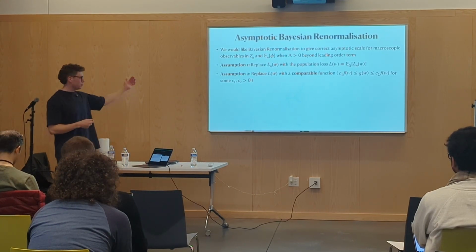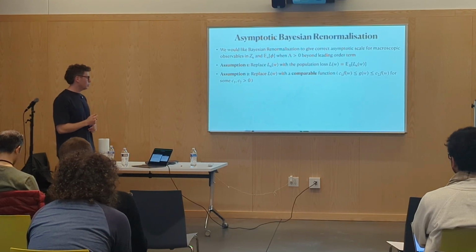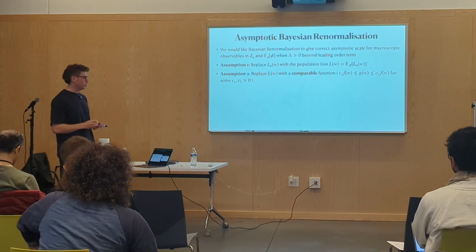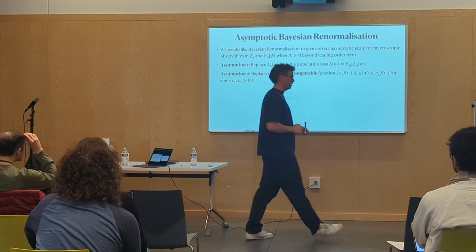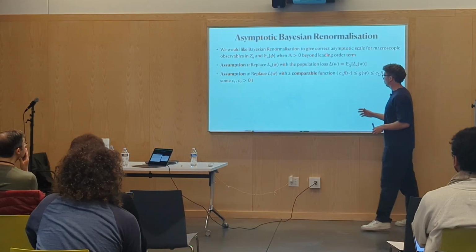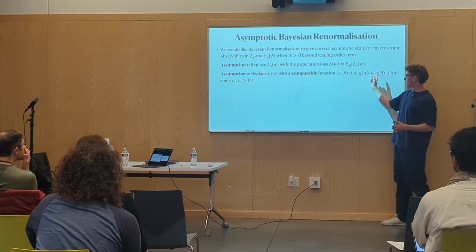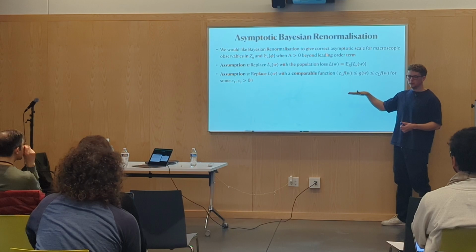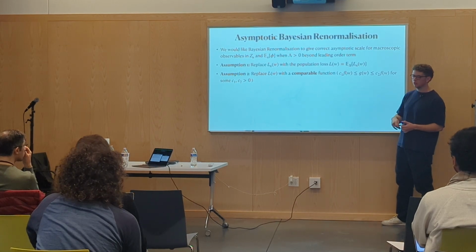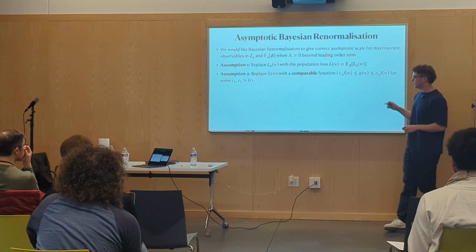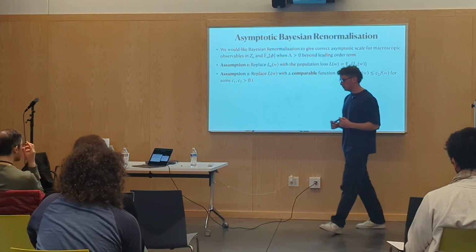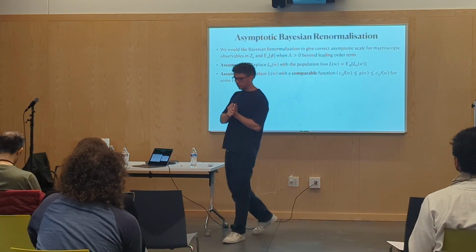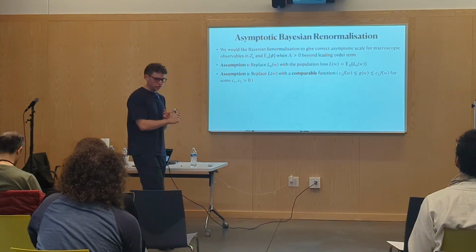So the first assumption is maybe not so bad. For the second one, we're going to replace the population loss with something called a comparable function. Just for a quick definition, comparable functions f and g are ones such that I can sandwich either one above and below by the other function for some positive constants C1 and C2. This might seem like quite a big change, but doing this does preserve all the singularity structure and the asymptotic scale.